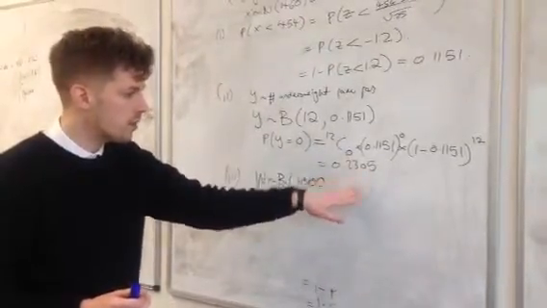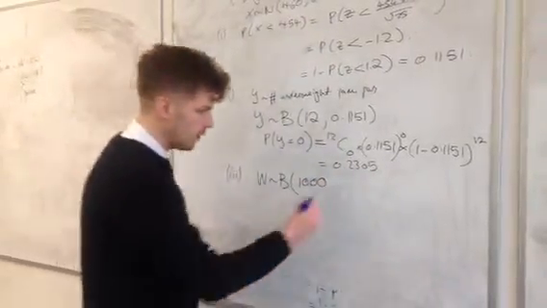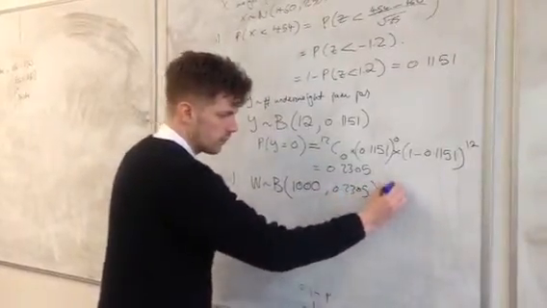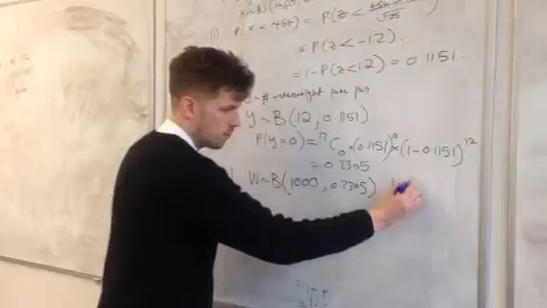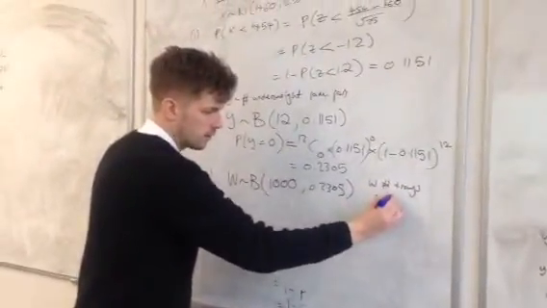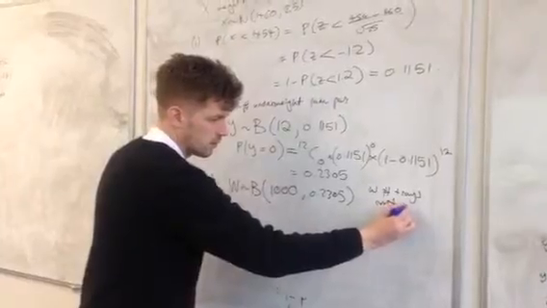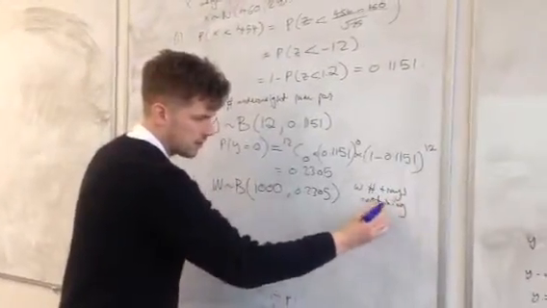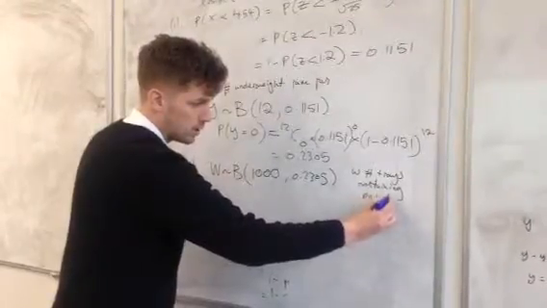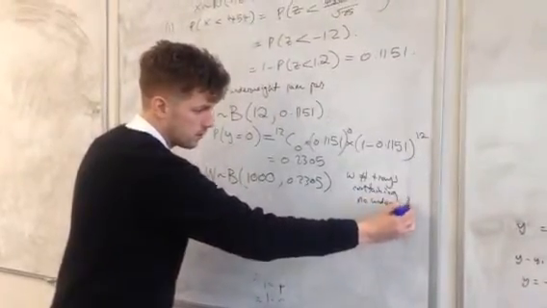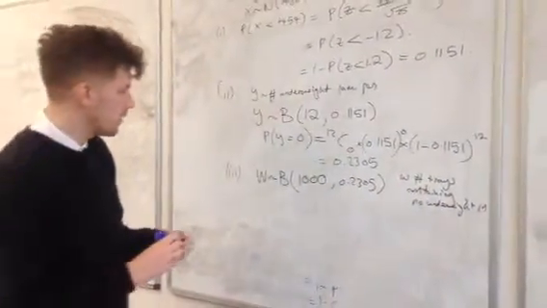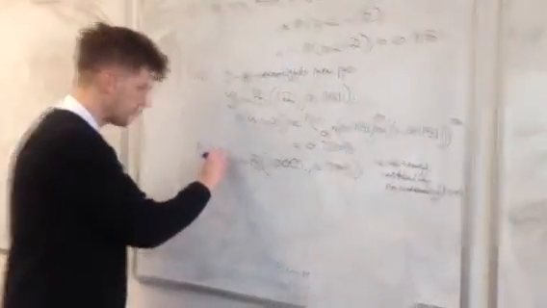So this becomes our new p-value, where W is the number of trays containing no underweight jars. And that's our answer to part A.